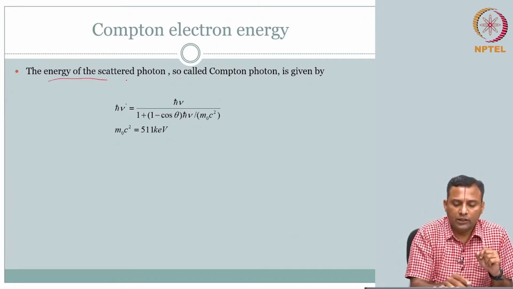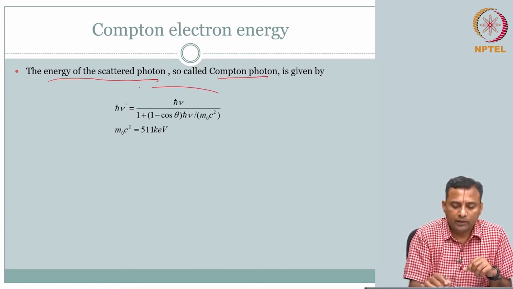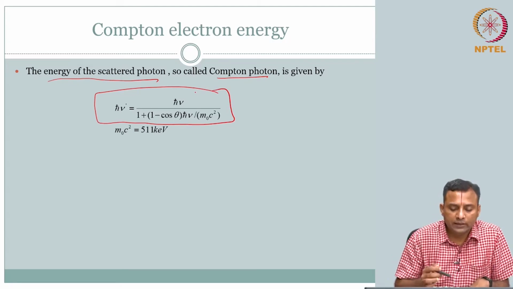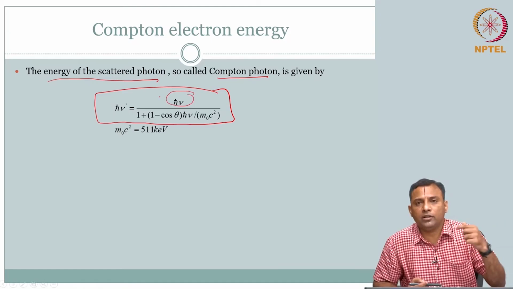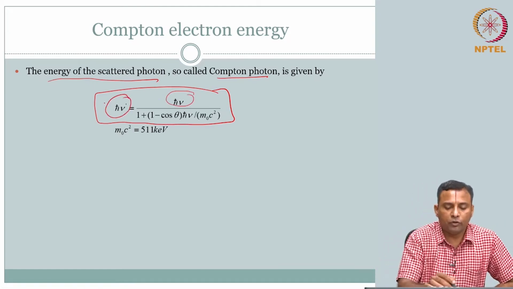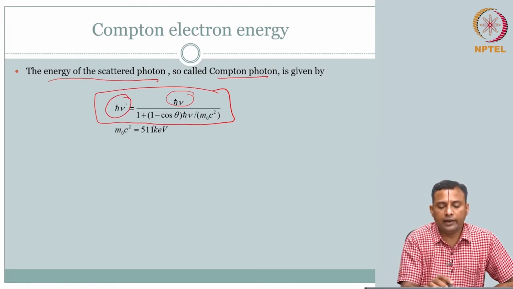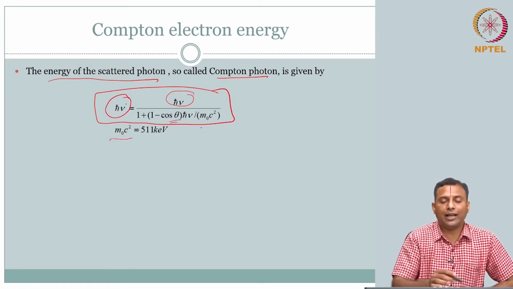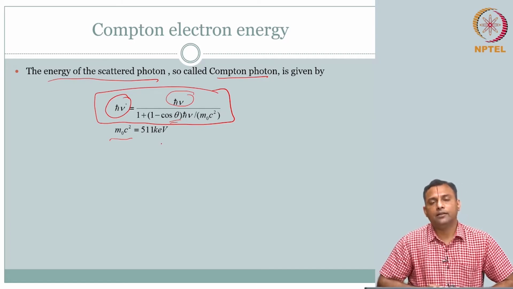The energy of the scattered photon, the so-called Compton photon, is given by this equation. What do you see here? This is the incoming h mu, the incoming photon energy. This is your Compton photon energy, h mu dash. Look at how these two are related. There is this theta. Of course, m naught c square you can calculate, that is the rest mass energy of your electron.